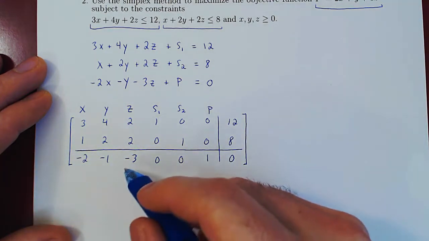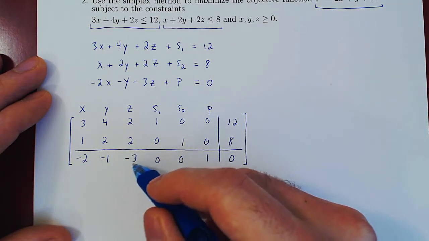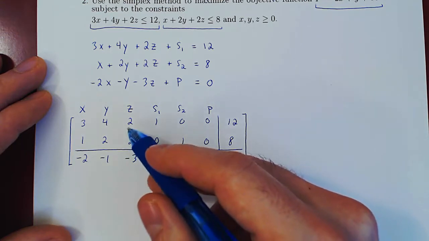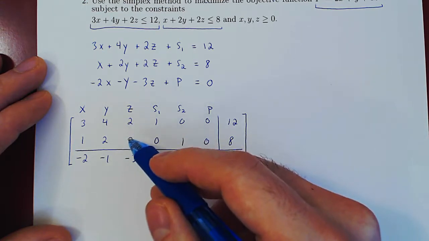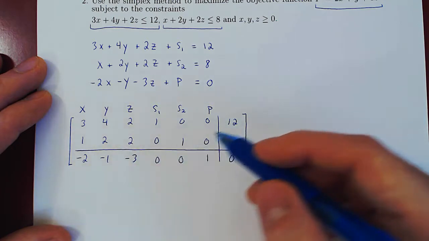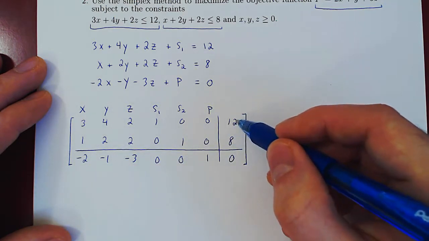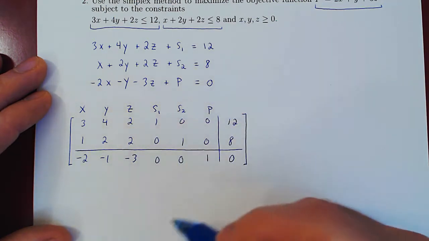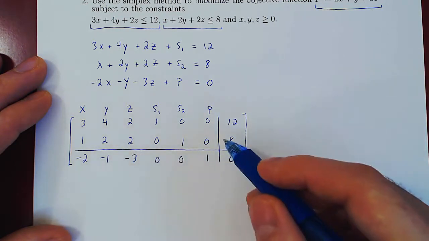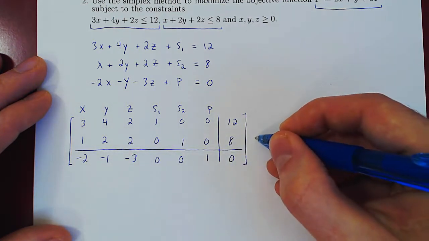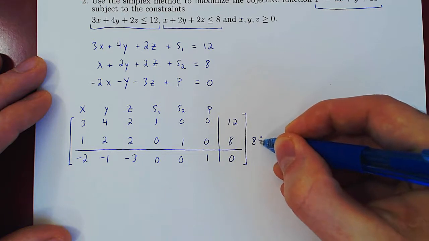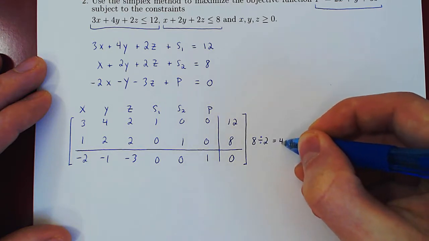As always, we single out the largest negative entry in the bottom row, look up to the two positive entries here, and we have to construct for each one the ratio of the constant term over the entry. So let's do 8 divided by 2, which gives us 4.